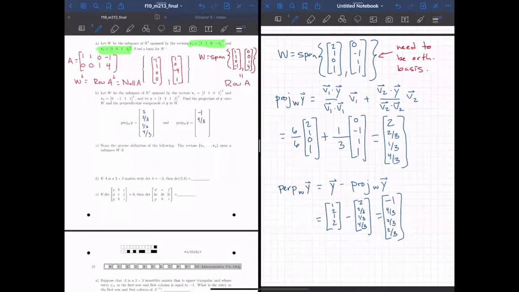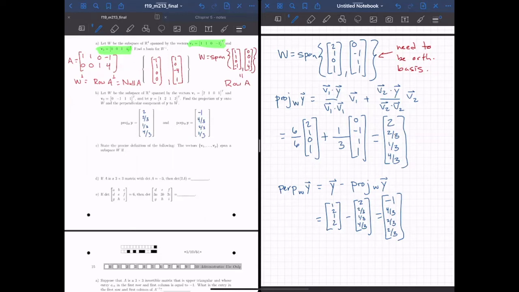What's a good check we can do to verify that we've done things correctly? If you add them both together, you should get y. We also should notice that these two vectors should be orthogonal to each other. One lives in W, one lives in W perp.